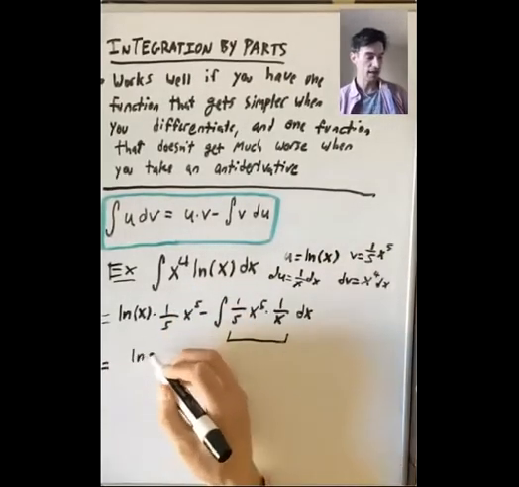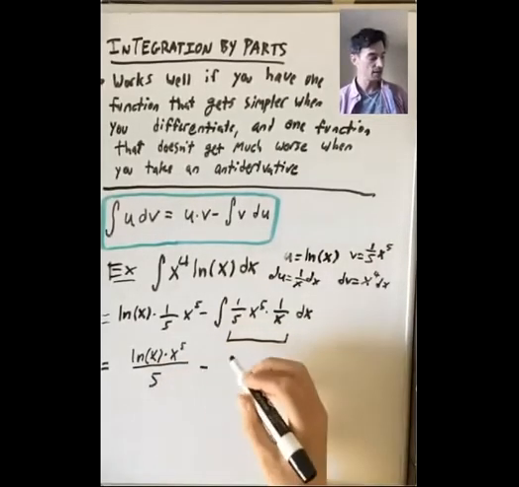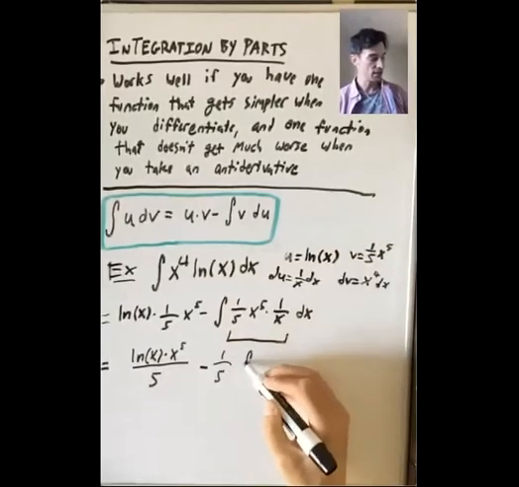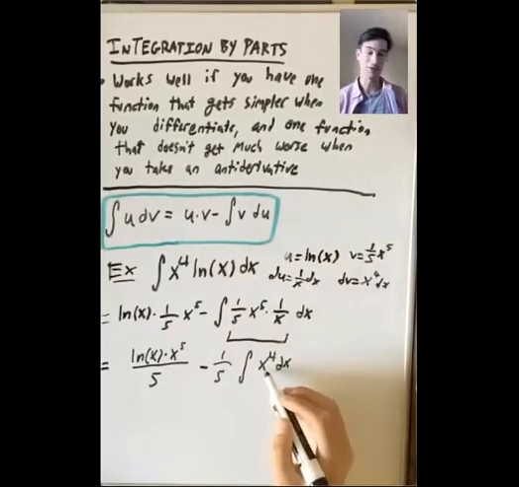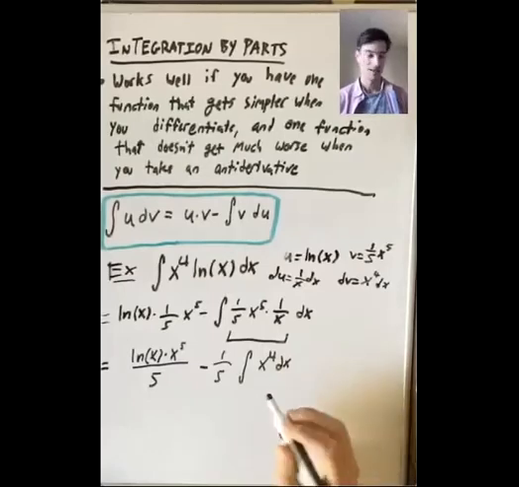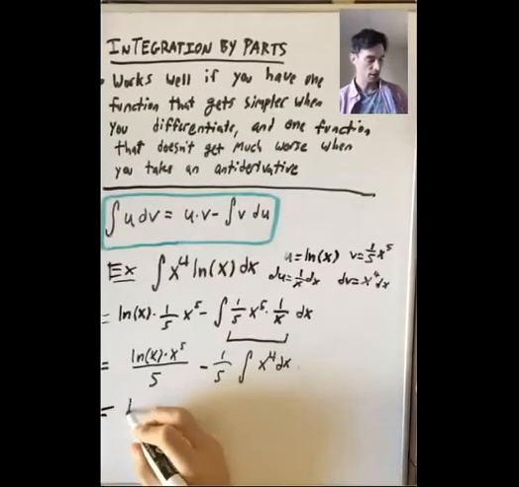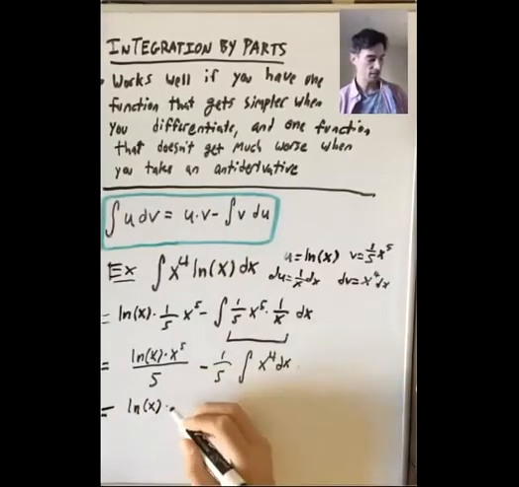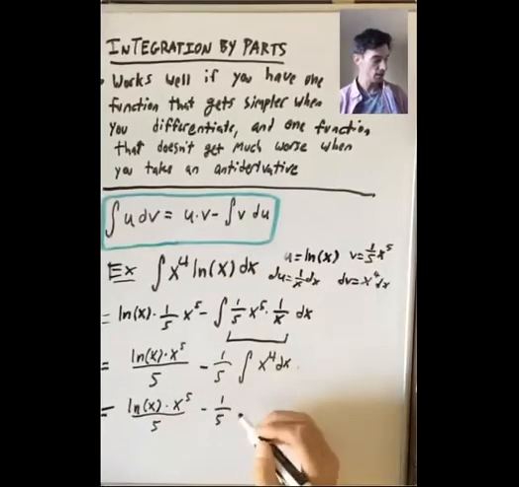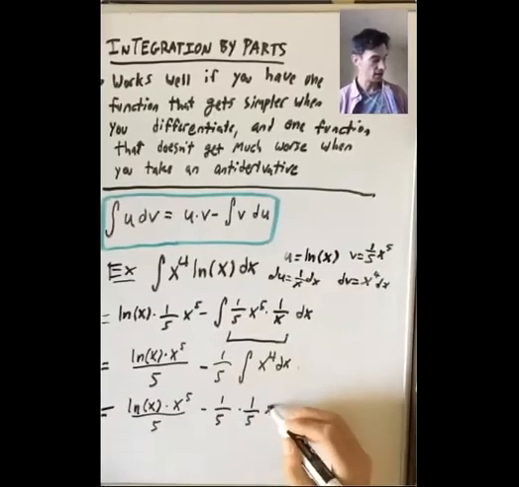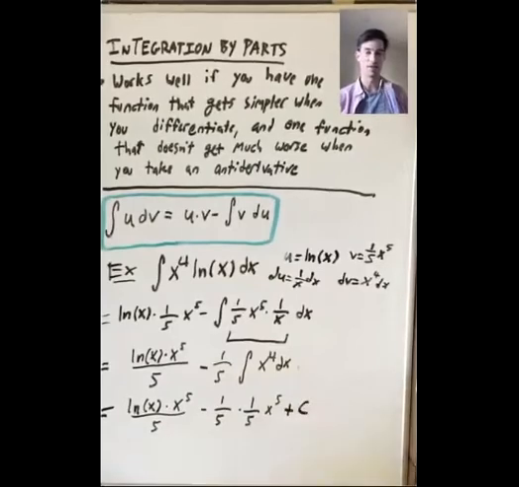Rewriting a little bit, we get natural log of x times x to the fifth divided by 5 minus 1/5 times the integral of x to the fourth dx. And we know the integral of x to the fourth. We can just pick our simplest antiderivative. So altogether, we get natural log of x times x to the fifth over 5 minus 1/5 times 1/5 x to the fifth. You can combine the denominator to be 1 over 25, and then we get a plus c.